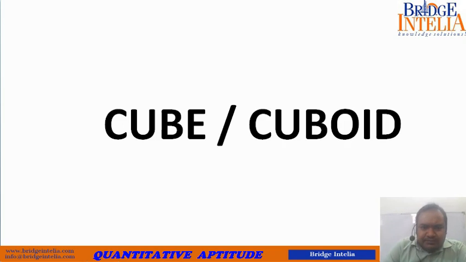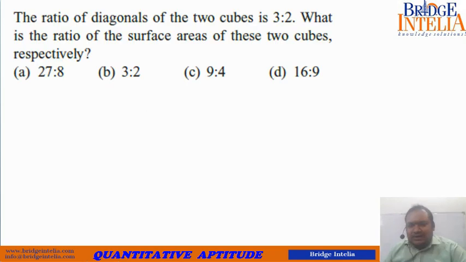So let's move. Now this one: the ratio of diagonals of two cubes is 3:2. What is the ratio of surface area of these two cubes?